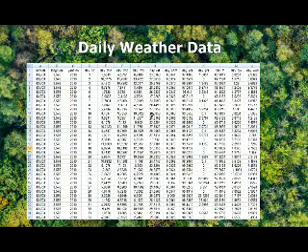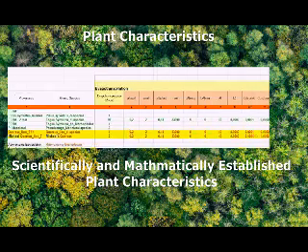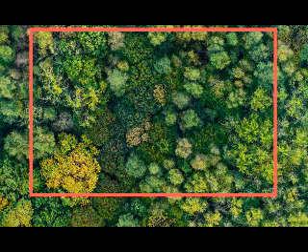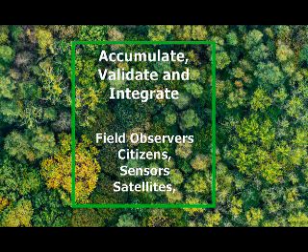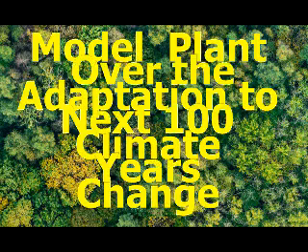We're using daily weather data divided by latitude and longitude, scientifically and mathematically established plant characteristics, mathematical models, and we're hoping to integrate data obtained from field observers, concerned citizens, intelligent sensors, and satellite images in order to model plant adaptation to climate change over the next 100 years.